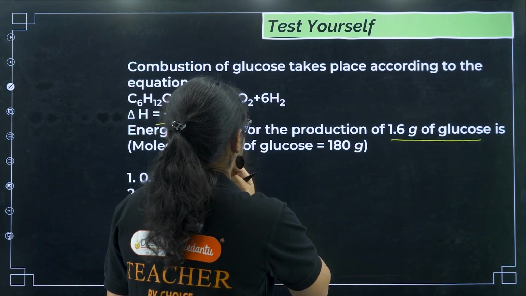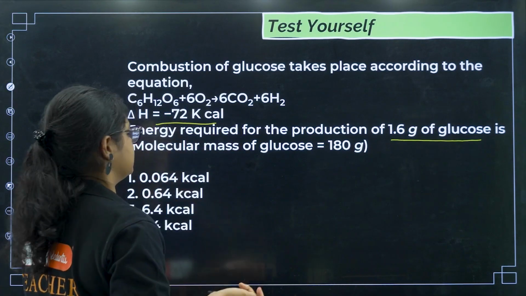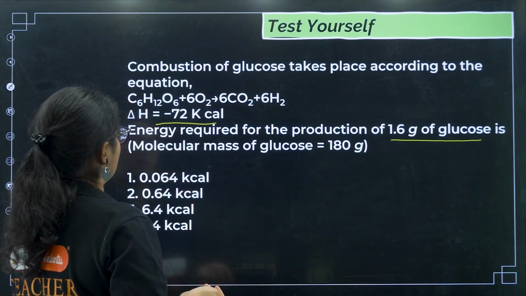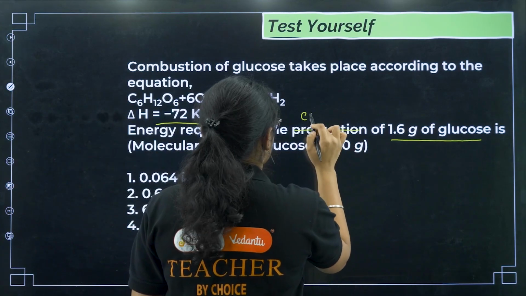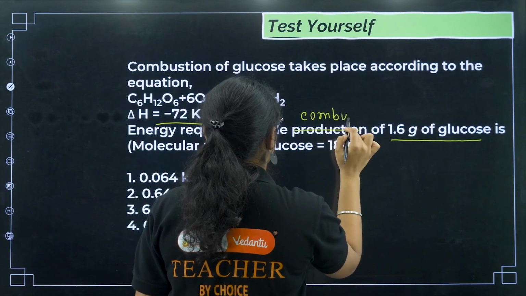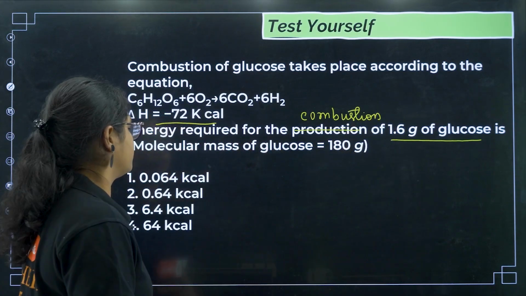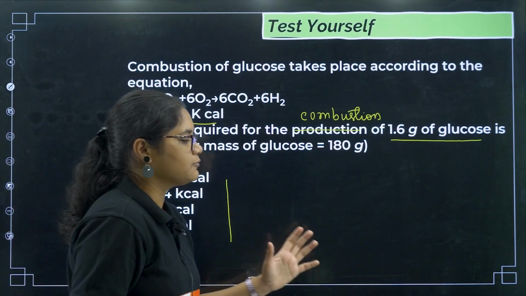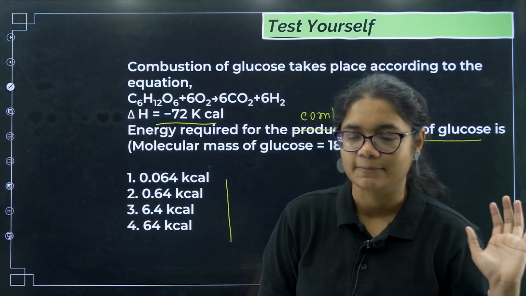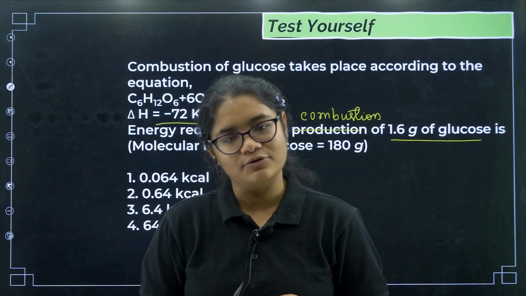So I think you need to calculate the energy for the combustion of 1.6 gram of glucose. Try this question and do not forget to comment down the answers.